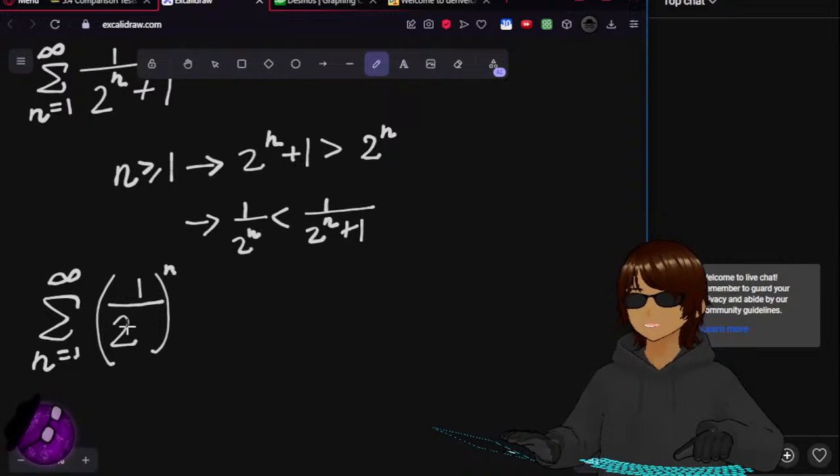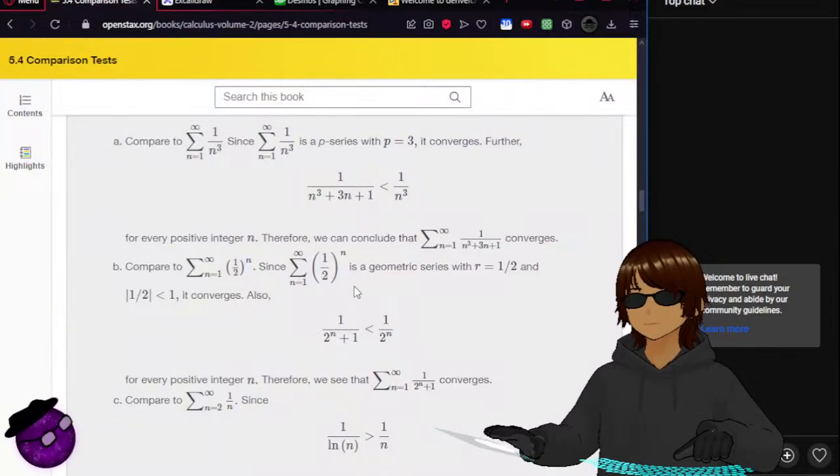This is a geometric series, half to the power of 1, half to the power of 2, and so on. And since r is half, it converges.